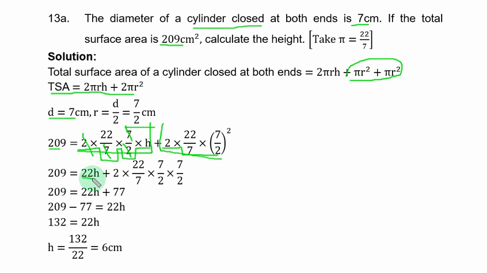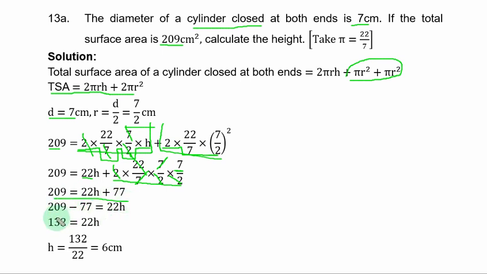Plus, you simplify this term, (7/2) squared, you express it twice. So let's try and cancel out. 7 cancels 7, cancel 2 with 2, you divide 22 by 2, you have 11, times 7, you have 77.